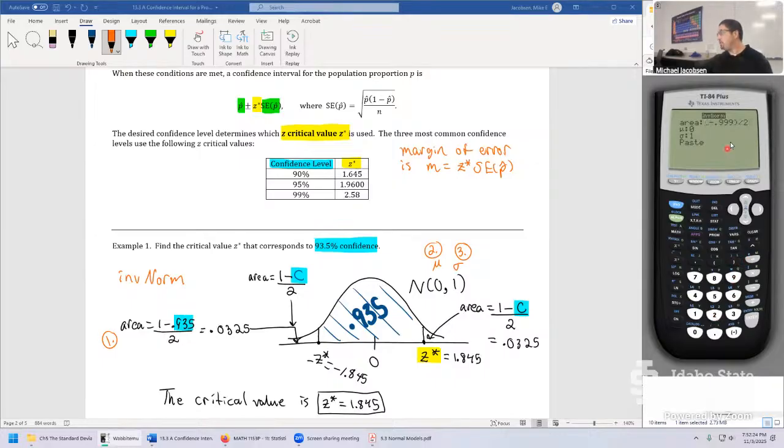You'd deal with this value in the calculator. Hit enter, and at 99.9% confidence, you're at 3.2. It jumped a lot. If you want to be 99.9999% confident and so on, these numbers just grow larger and larger.